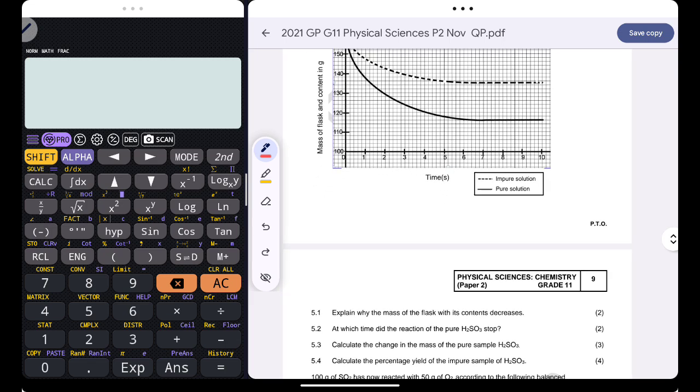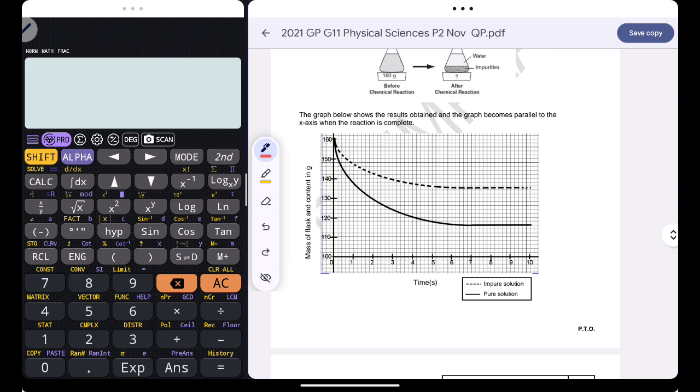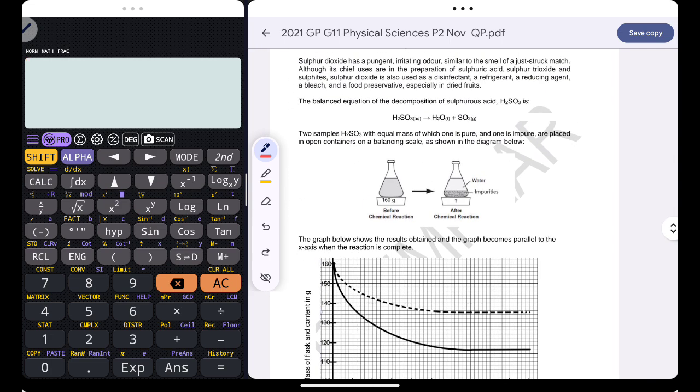5.1, the question says explain why the mass of the flask with its content decreases. Remember that I said they did mention that the containers are open and we are producing sulfur dioxide, which is a gas. So this simply means that sulfur dioxide will be able to escape the reaction vessel or the flask, and hence the mass will decrease.